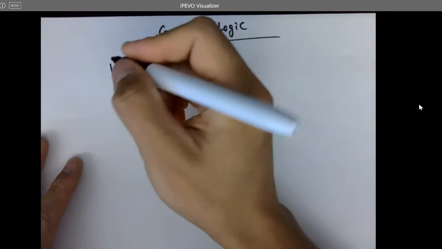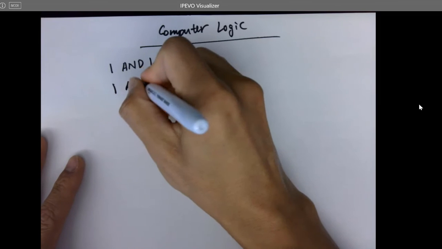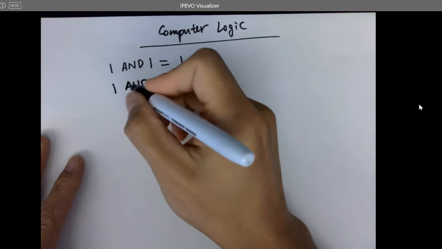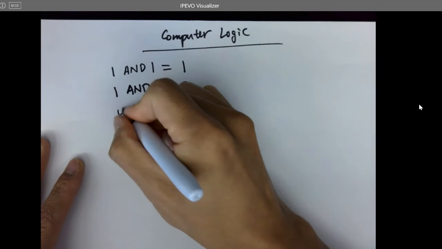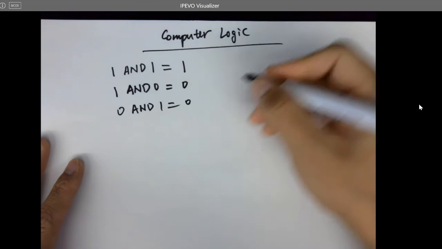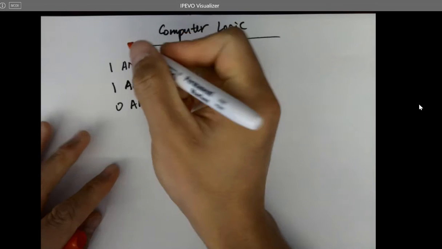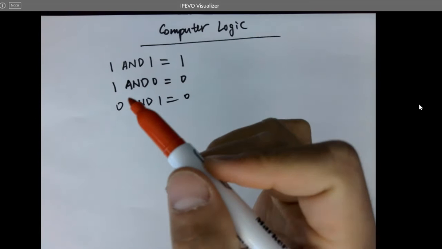Let me write down all the results first. 1 and 0 is 0. And you can swap them, like 0 and 1 is still 0. So that's one of the 2 fundamental logic operators in computer systems, and there are only 2 fundamental ones.